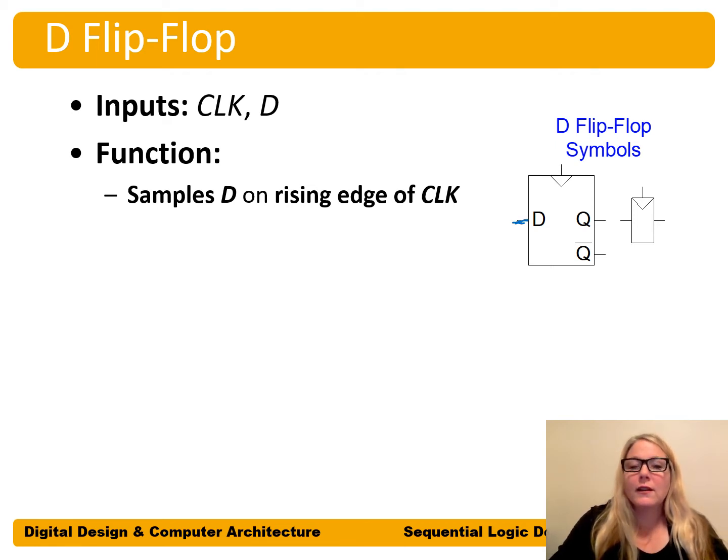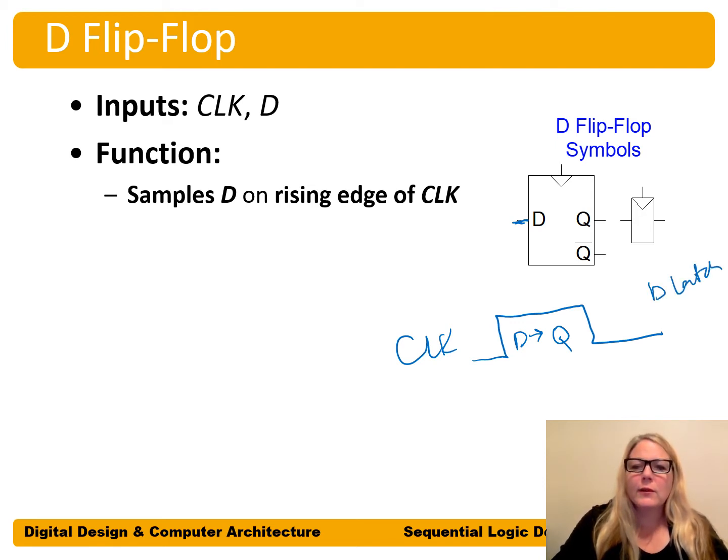So our D latch was level sensitive in that whenever clock, this input, was high, for our D latch, D passed through to Q. That's how that worked. It was level sensitive.